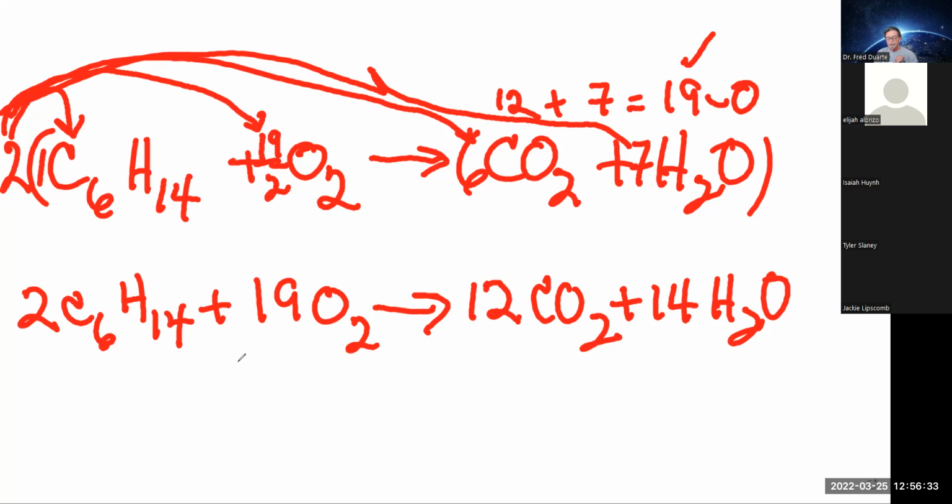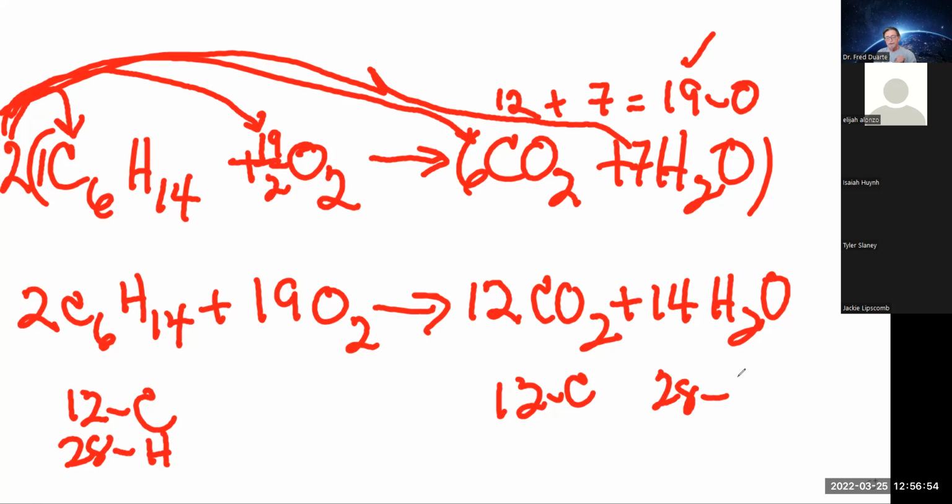Now let's double check to make sure that everybody's still balanced. I have 12 carbons on the left-hand side, and I got 12 on the right side. I got 28 hydrogens, and I got 28 hydrogens on the right side. So how about oxygens? How many oxygens do I have on the left-hand side?